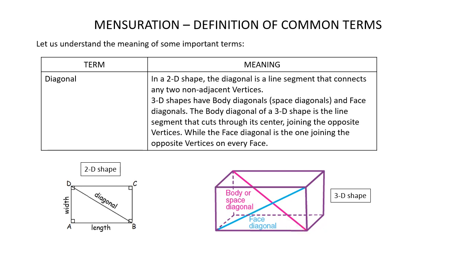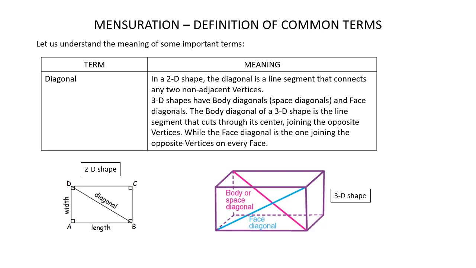Similarly, for this face, there will be two diagonals. Similarly, for this face, there will be two face diagonals. Hope you have understood the meaning of body diagonal and face diagonal for a 3D shape.